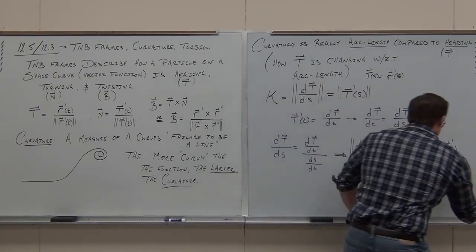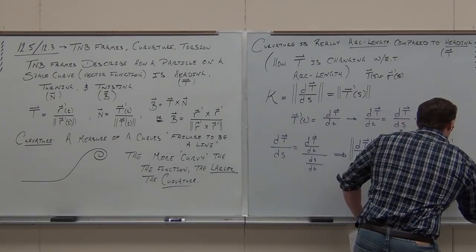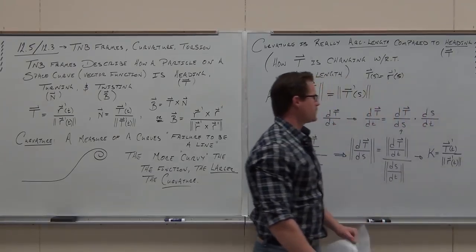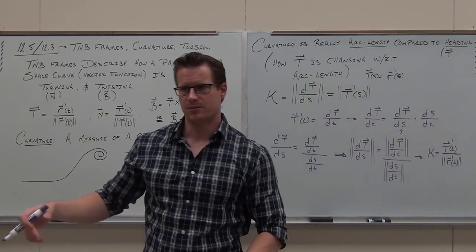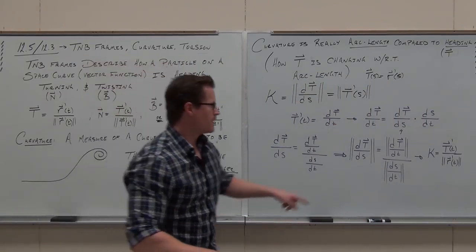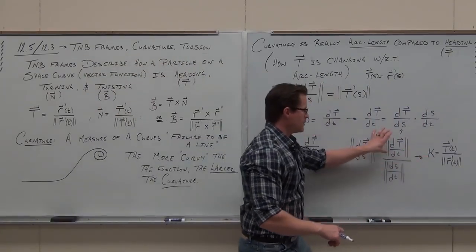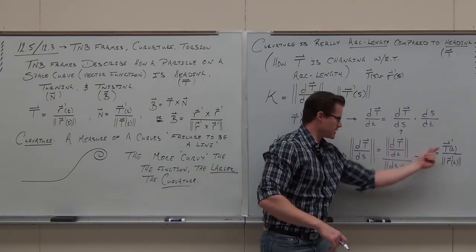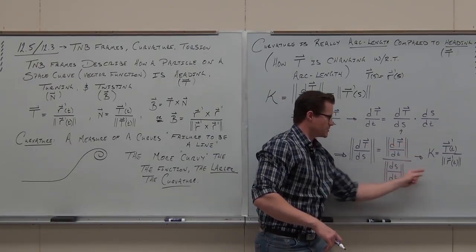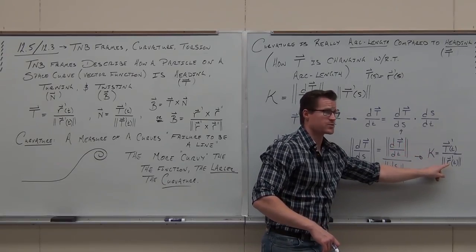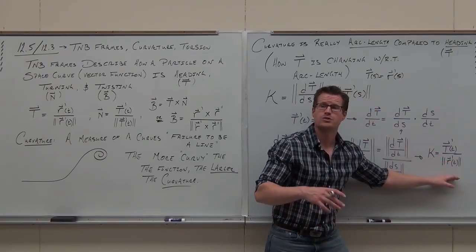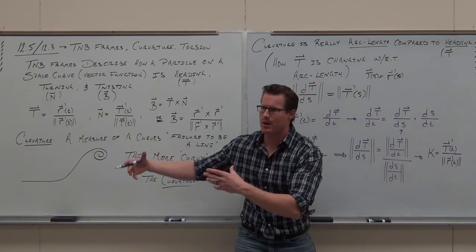This right here is the derivative of your original vector function with respect to t. This piece, kappa. This piece, derivative of the unit tangent. It's obvious: derivative of the unit tangent with respect to t. This is not so obvious. This is the derivative of the original vector function with respect to t. Notice, are any of these in terms of s? No. They're all in terms of t. That means we don't have to reparameterize.